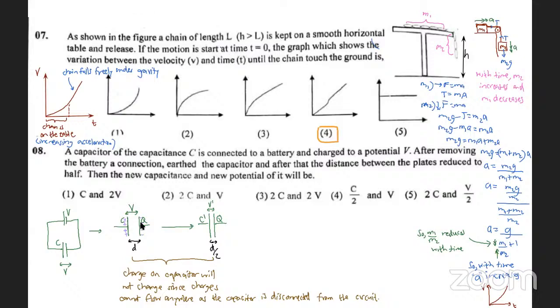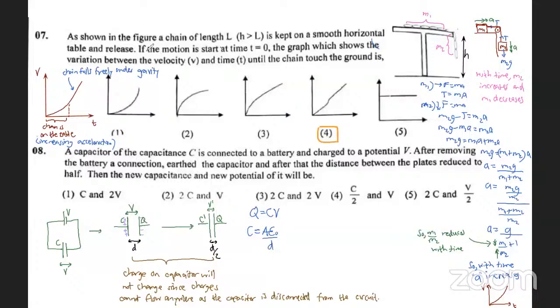Right, now let's write the equations one by one. People, tell me the equation for Q, C, V. We all know Q equals CV. The problem is we need to know what happens to a capacitor when we earth it. Otherwise, we won't be able to decide that. No problem. Tell me an equation for C. C is equal to A epsilon naught over d.